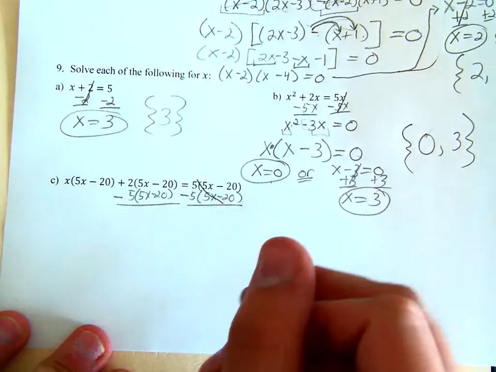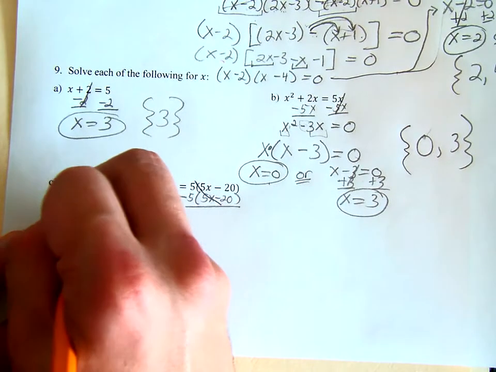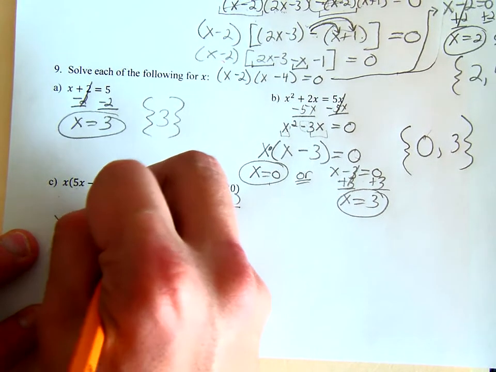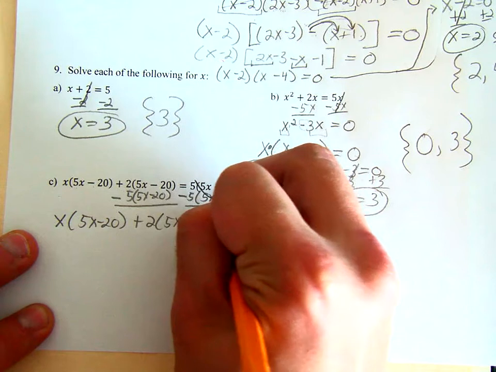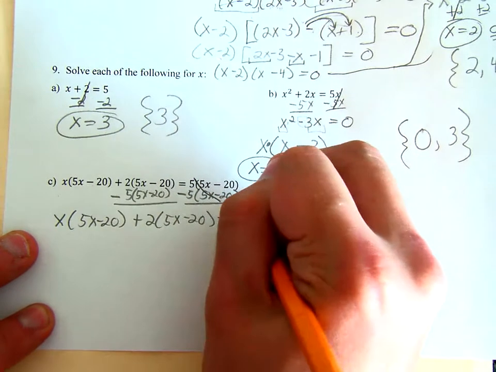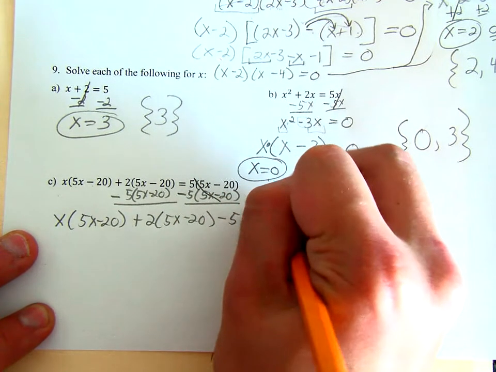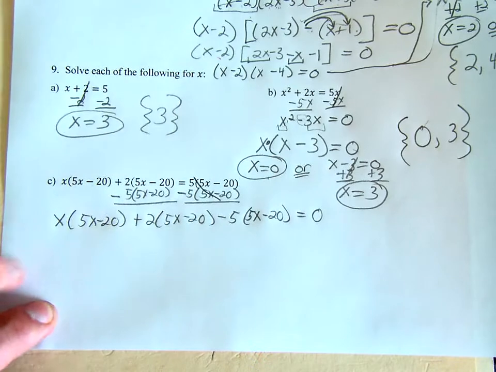So here these will cancel to get 0. And I'm just going to get that x times 5x minus 20 plus 2 times 5x minus 20 minus 5 times 5x minus 20 is equal to 0.